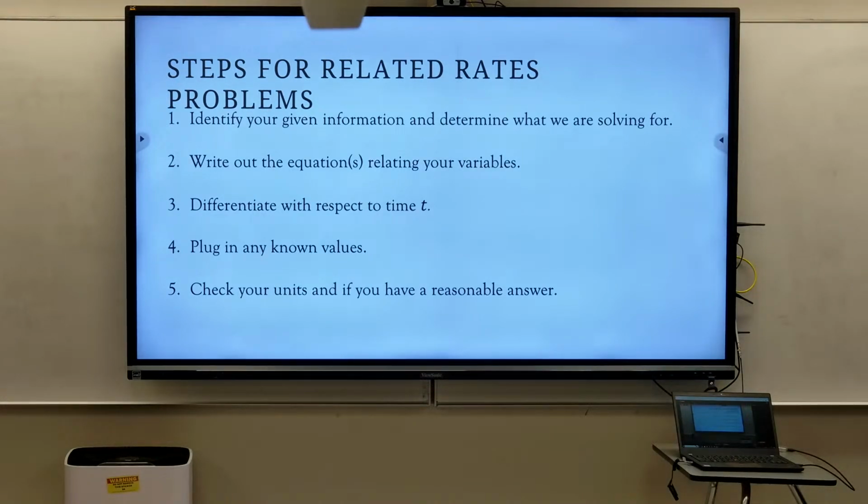Because we wanted to introduce, for example, in that problem, our dA/dt, dr/dt. After I took the derivative with respect to time, we plugged in our known values, what we were given, and then solved for the rate or value that we wanted.